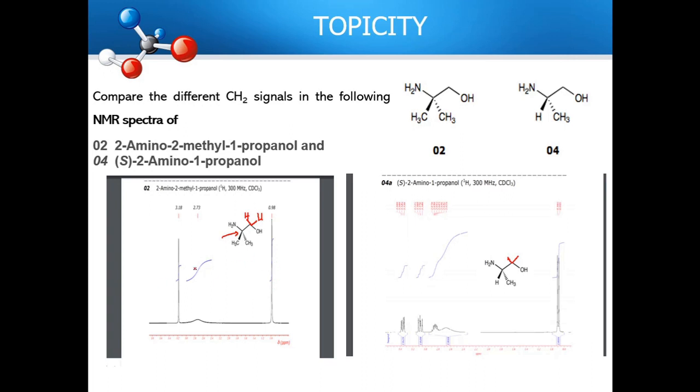And you can see the spectrum. This is 2-amino-2-methyl-1-propanol. So the hydrogens in 2-amino-2-methyl-1-propanol are enantiotopic in nature, because you don't see a difference in the spectrum of the hydrogens attached. You can see this particular spectrum corresponds to the methyl group, and we have the spectrum of hydrogens attached to oxygen and also nitrogen over here.